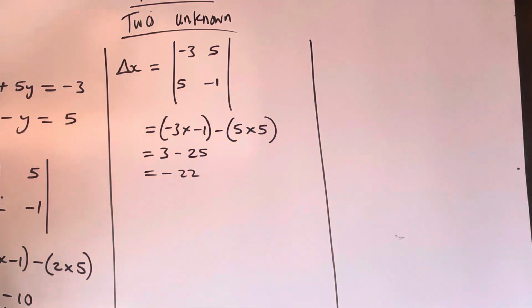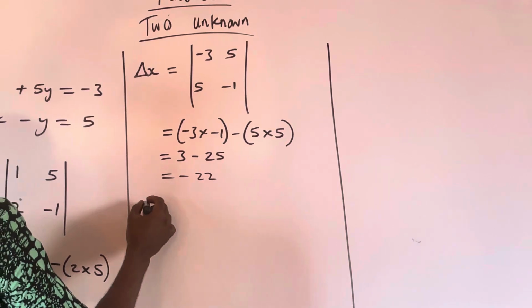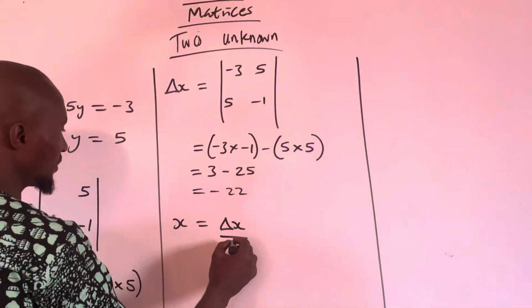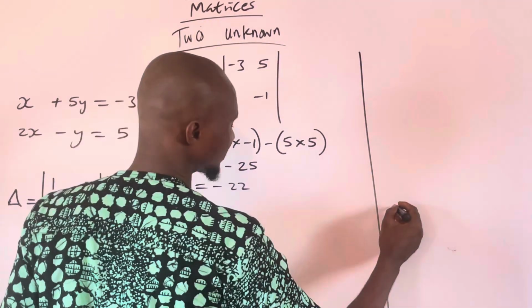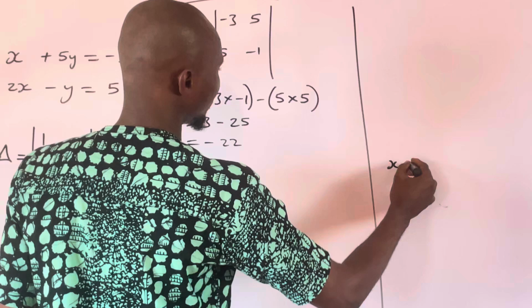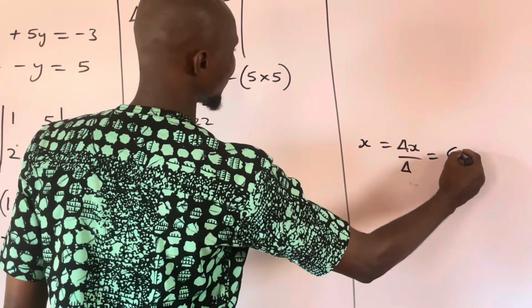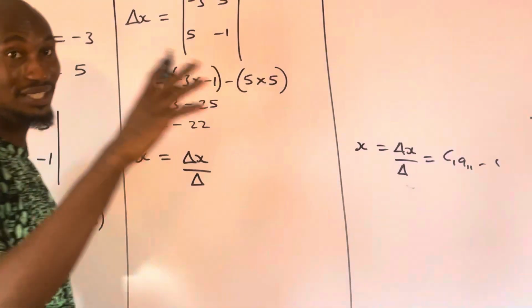There's a formula I showed you, where I said x is equal to delta x over delta. Do you remember my previous video?